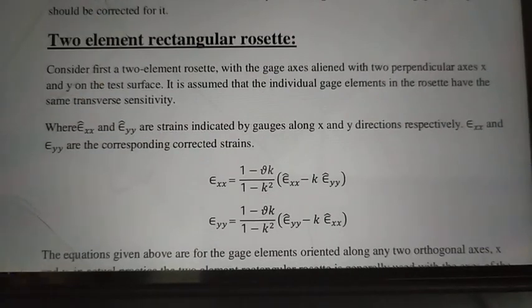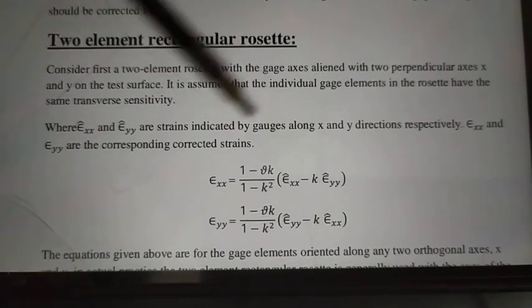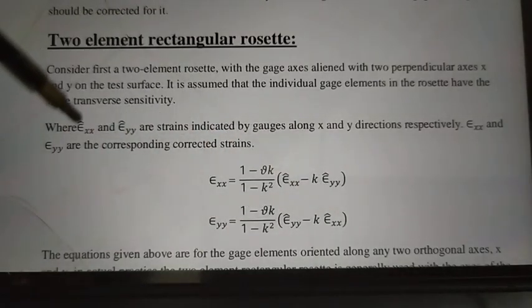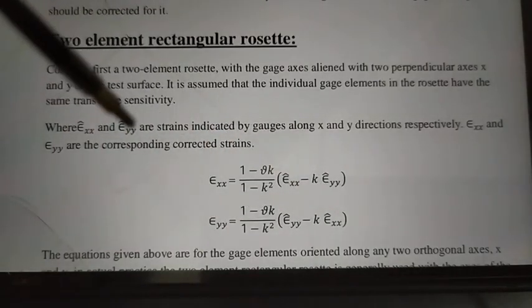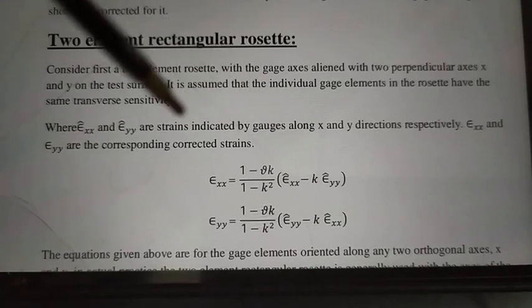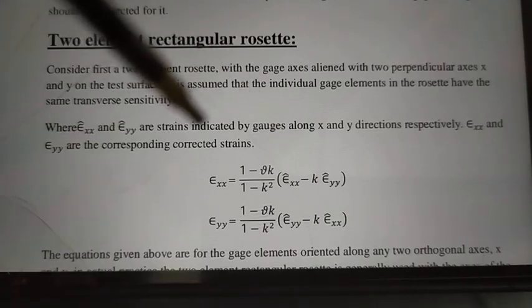For the two element rectangular rosette, you just have to remember these equations. You can see epsilon xx cap and epsilon yy cap. These two values which you are going to get are the strains indicated by the gauges, meaning you have mounted the strain gauge and they are indicating some value.